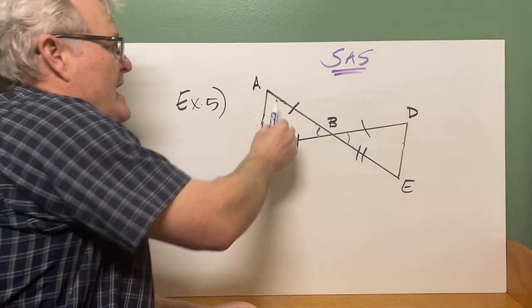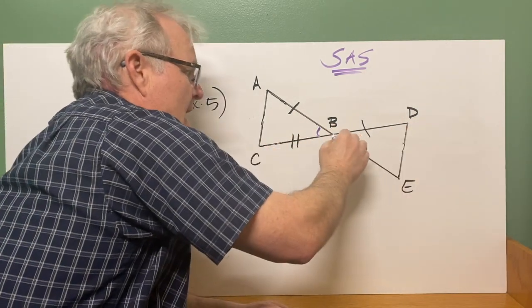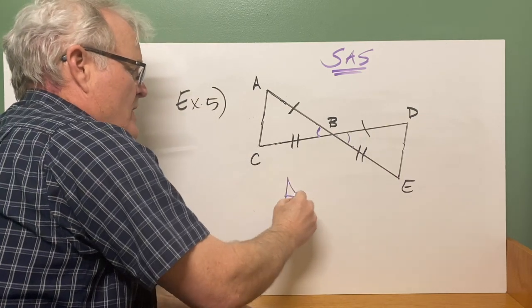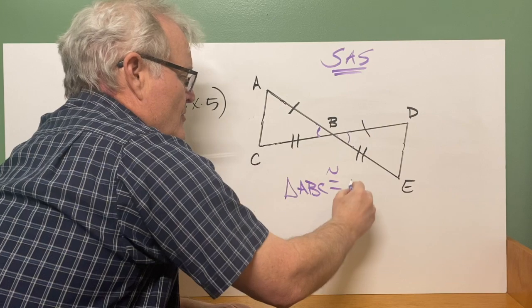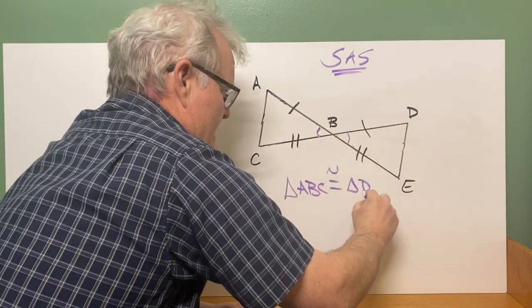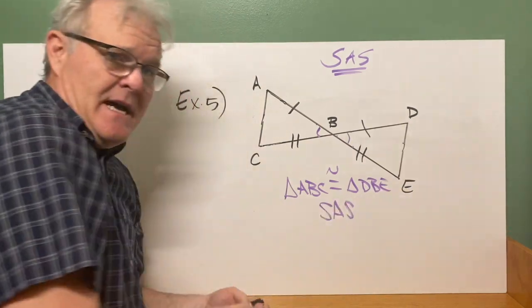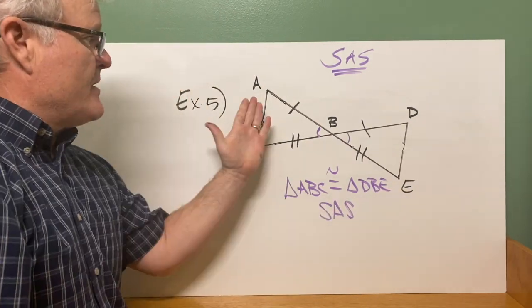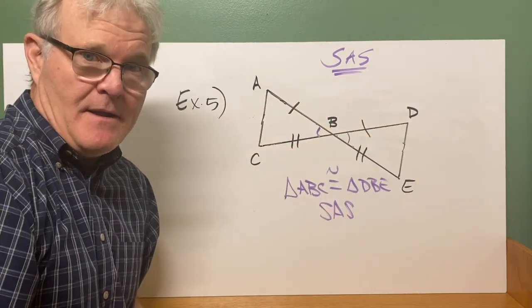But notice this, you'd have a side angle side congruent to a side angle side. So for this one, you would have triangle ABC congruent to triangle DBE. Why? Because of side angle side. You'll also notice that this would also be a reflection. If I reflected this over, it would match up.